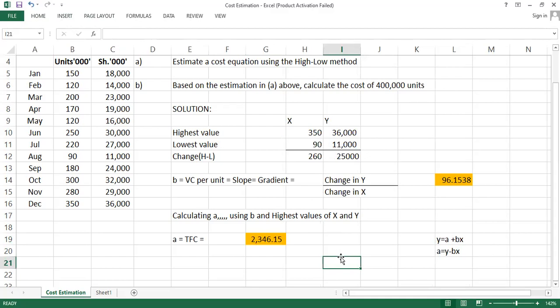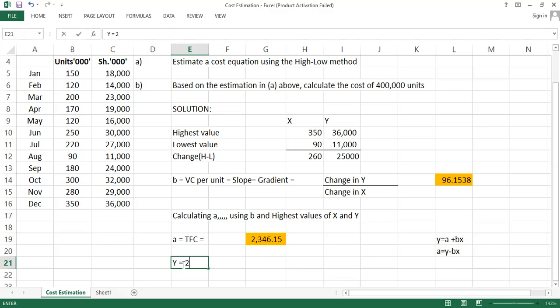Alternatively, you can work with B plus the lowest values. In the very same manner, you'll arrive at figures which are almost similar. Any question on how we get that? If there's no question, then remember, you can now estimate your cost equation as y equals A plus bx.